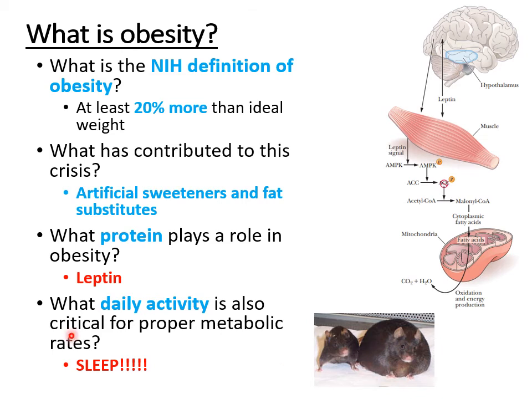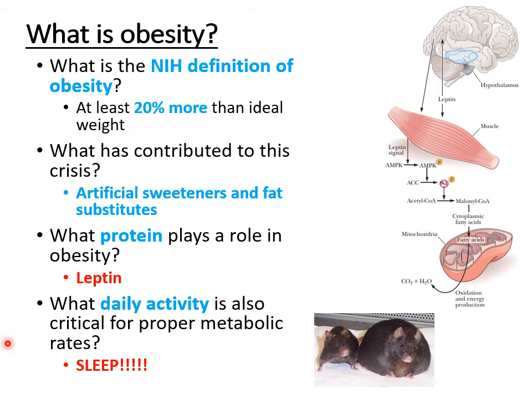So they're not moving around as much as they should, and they end up with a lot of weight gain. And then if you inject leptin into those same mice, they end up now decreasing their appetite and increasing their activity, which results in weight loss. So leptin is an appetite suppressant and can thus block you from having obesity.